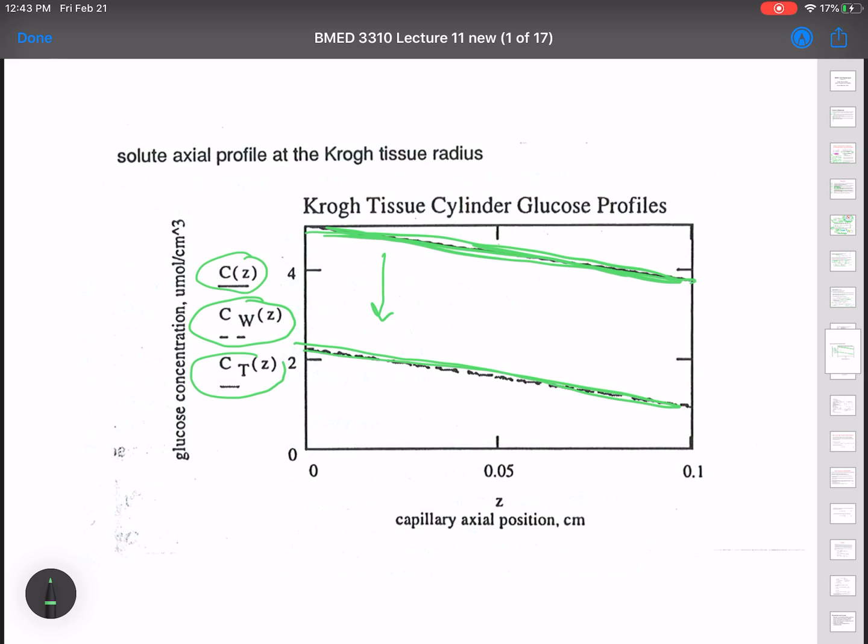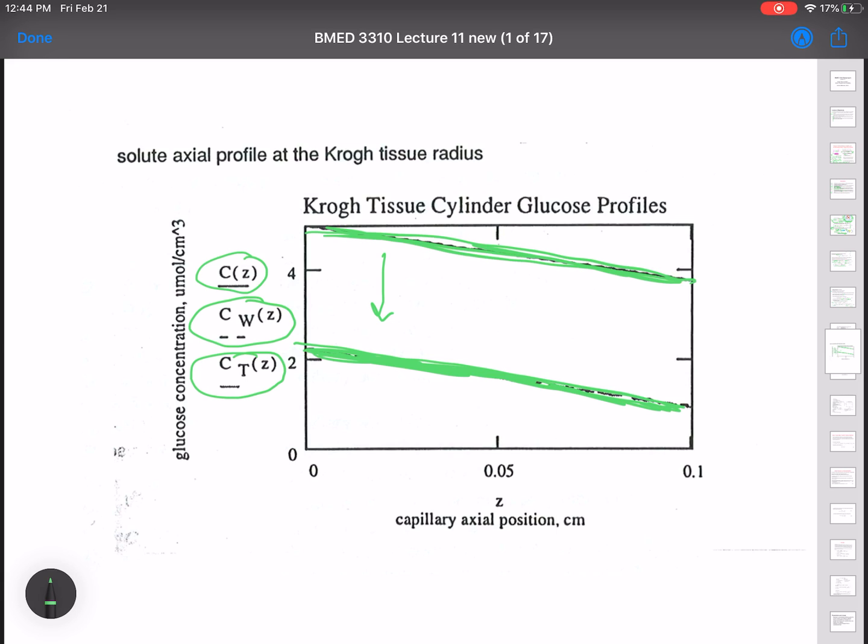And then this one I find very strange, but this is the concentration of the glucose at that outer radius. As far as I can tell, it's right up against the same value as was at the wall. This all makes sense because, as the blood gets further down the capillary, it's going to decrease because it's getting absorbed by the tissue, and similarly the amount in the tissue would go down at a rate that matches that.